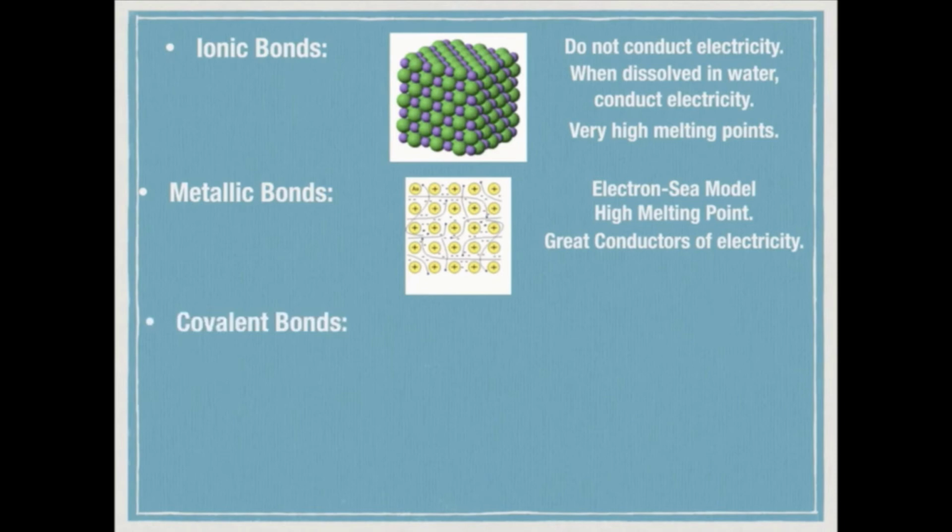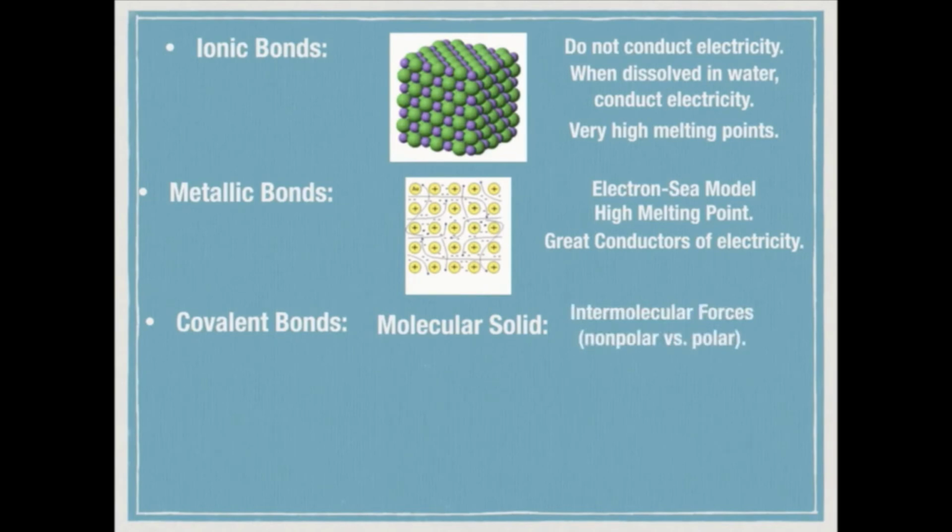Covalent bonds, there are going to be two different types that we look at. The first are just molecular solids. Molecular solids are discrete molecules like carbon dioxide or any of the other molecular compounds that we've looked at. And so when we're describing characteristics of molecular solids, to dictate what they're going to act like, we look at their intermolecular forces, which include hydrogen bonding, dipole-dipole, or London dispersion forces.